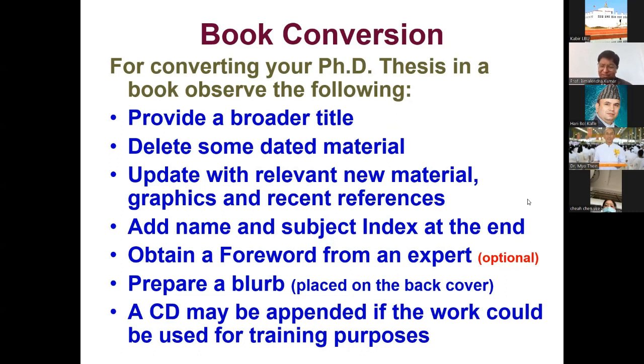You have to update with the suggestions of the examiners and the experts who asked questions at the time of the pre-viva and the final viva. You have to update it and add a name and subject index at the end. If you are going to publish your thesis in book form, you have to add a word index or subject index.